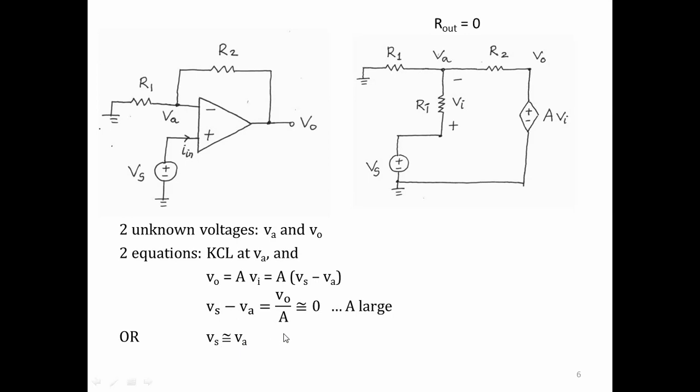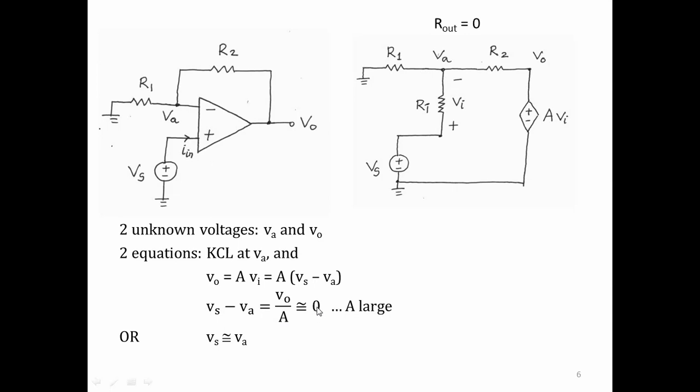As we just saw, an op-amp has a very large A, and therefore Vo by A approximately 0 is a very reasonable assumption. Think of A as 10 raised to 5, and Vo is typically not more than 10 volts. So 10 divided by 10 raised to 5 is 10 raised to minus 4, that is 0.1 millivolt.